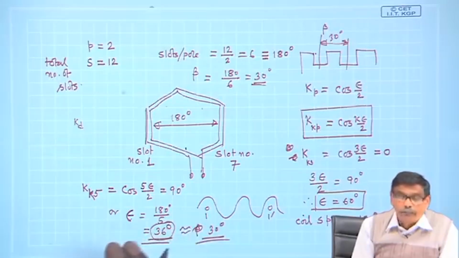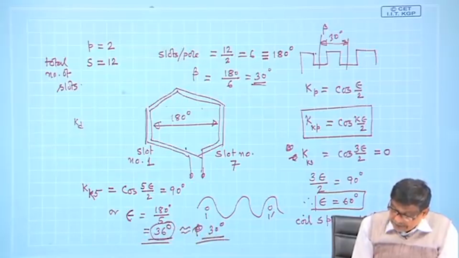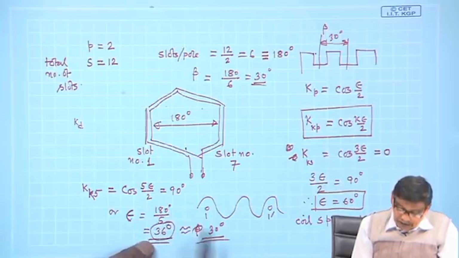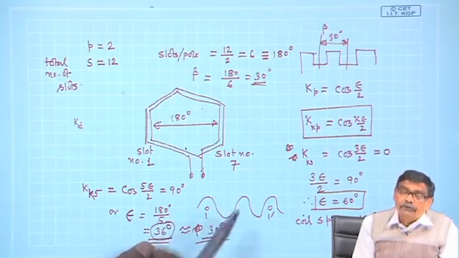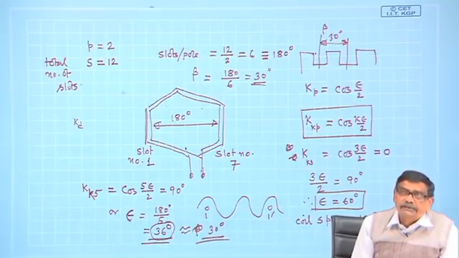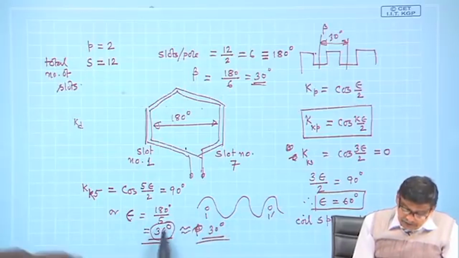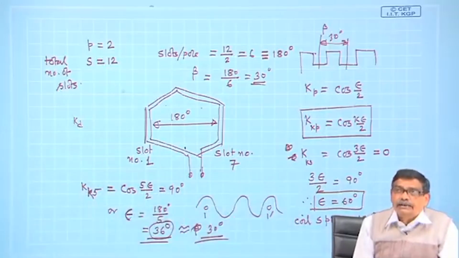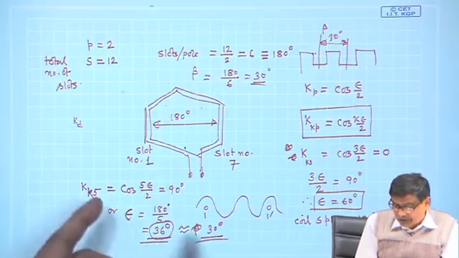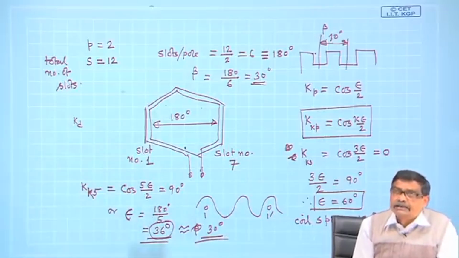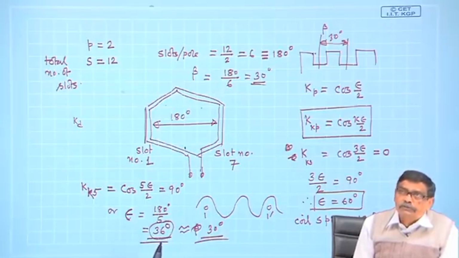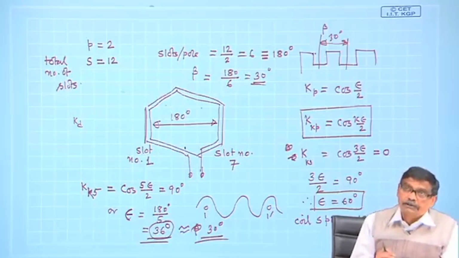It will not completely nullify that, but certainly the cosine of 18 degree will be much less, because it will be not 90 degree but around 90 degree, since the closest thing possible is 30 degree. In that case, I will choose 30 degree only, and it will reduce the fifth harmonic voltage considerably. That is the important point.